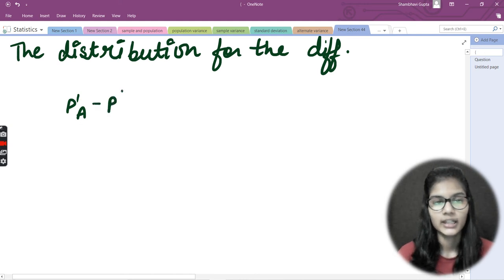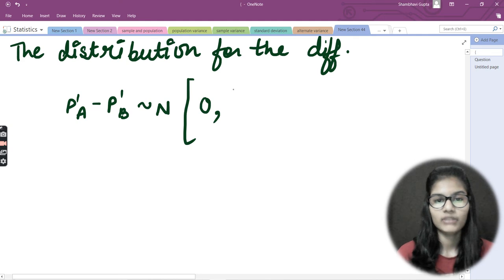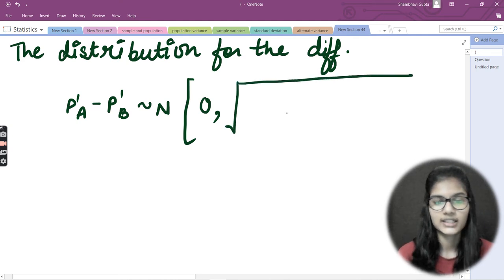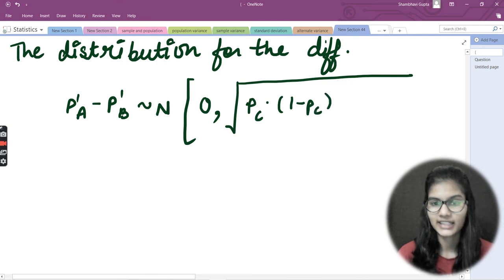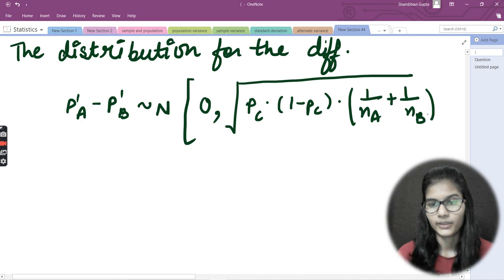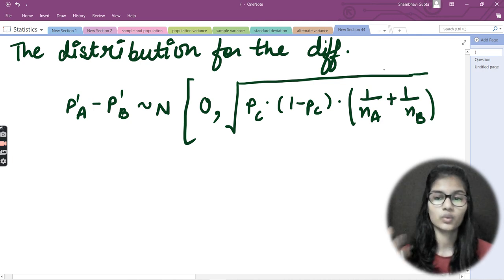P dash A minus P dash B is approximately equal to capital N of 0 comma the square root of PC, my pooled proportion, multiplied by 1 minus PC, multiplied by 1 upon NA plus 1 upon NB. This is the whole formula for the distribution for the difference.